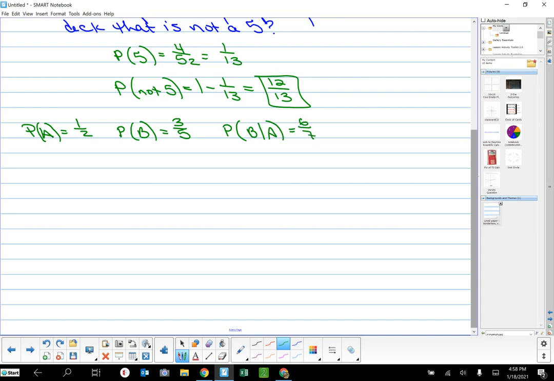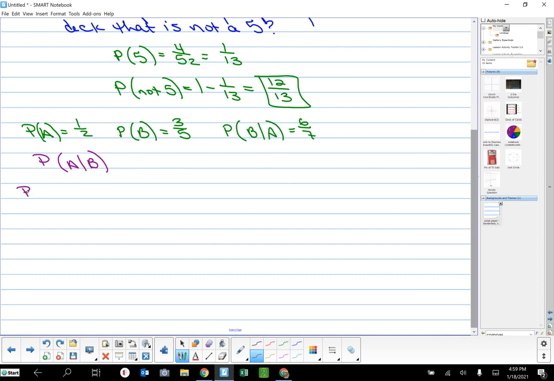Okay, so you're going to have 3 pieces of information. And then you're going to be asked to find probability of not A, probability of A and B, the probability of B or A, those types of things. And eventually, down at the bottom, they're going to ask you to find the probability of A given B.